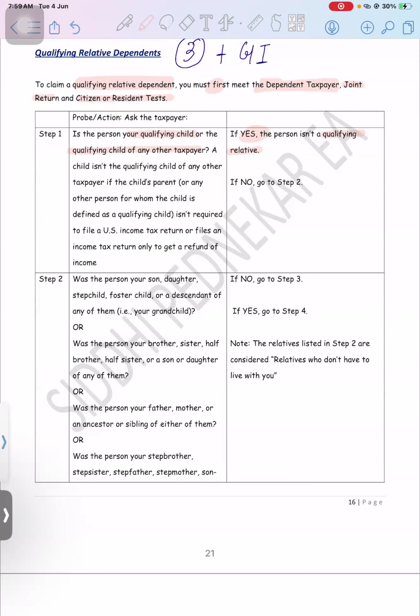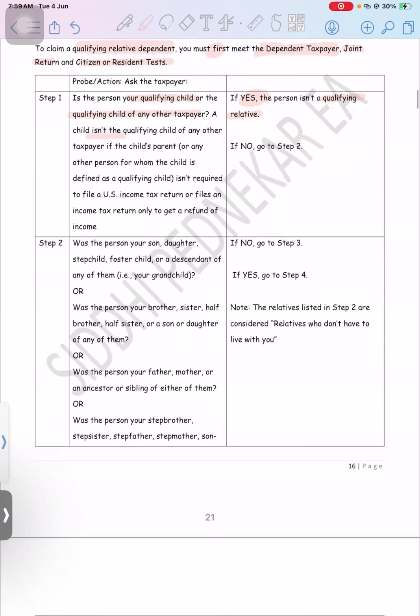Okay, next, a child isn't a qualifying child of any other taxpayer if the child's parent isn't required to file a US income tax return or files an income tax return only to get the refund of income. Okay, so it's just like that.